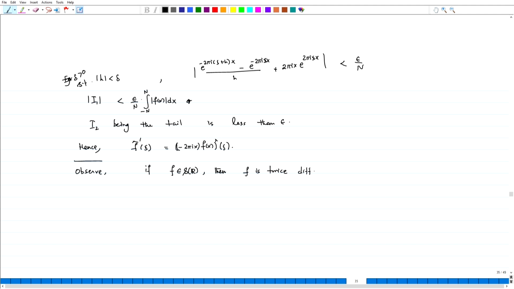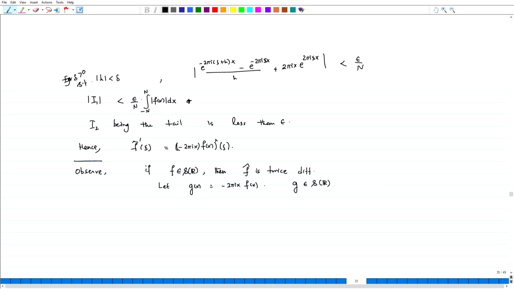That is fairly easy. f hat is twice differentiable. Let g of x equal minus 2 pi i x f of x. Then clearly g belongs to the Schwartz space, because f is in Schwartz space.